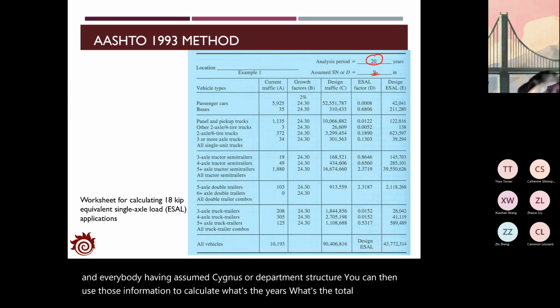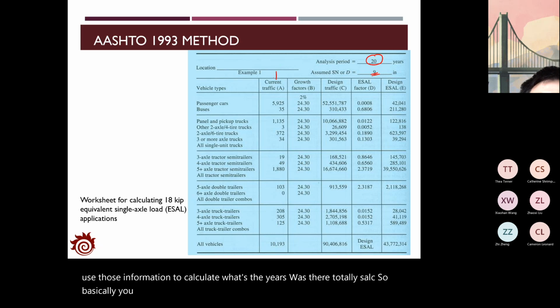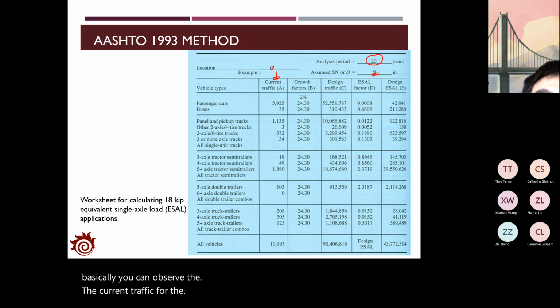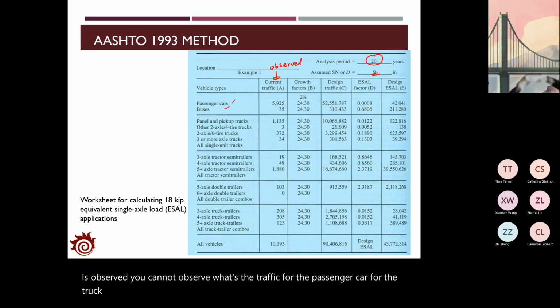So basically, you're gonna observe the current traffic, so this is the first column that is observed. You're gonna observe what is the traffic for the passenger car, for the truck, for the bus, for the pickup truck, for the other types of trucks, and so on.